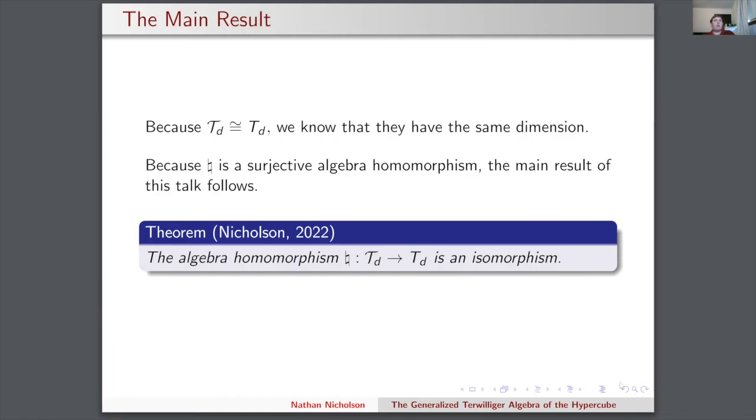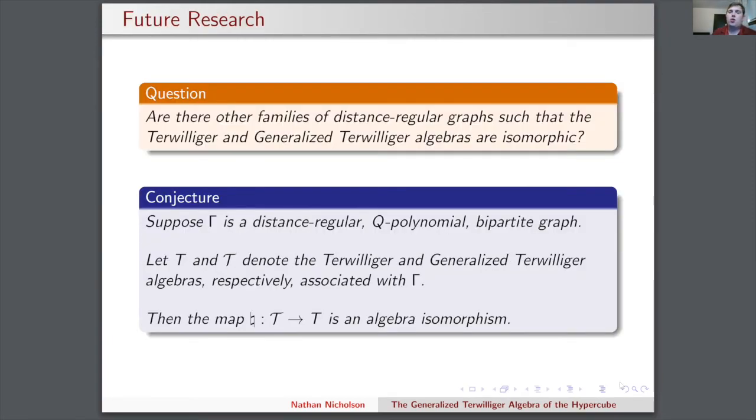And so we've shown that for the hypercube, this highly combinatorial object, the Terwilliger algebra, is actually captured entirely by these algebraic relations, right? The structure constants and the triple product relations capture the entire essence of the object, which is pretty cool.